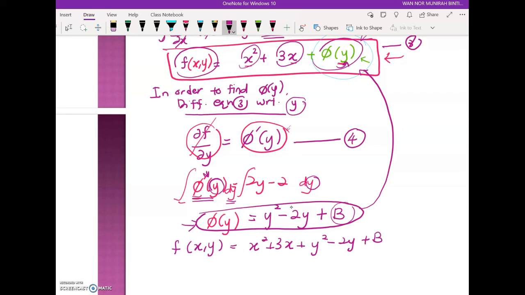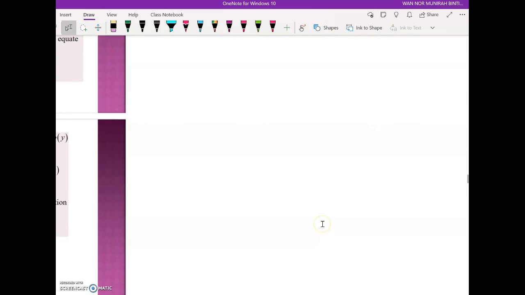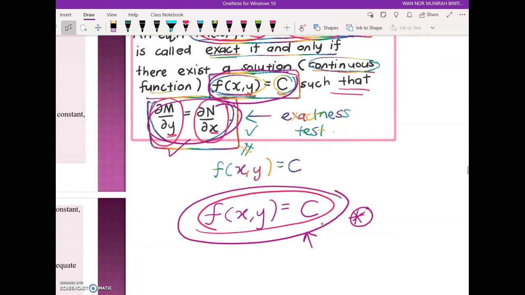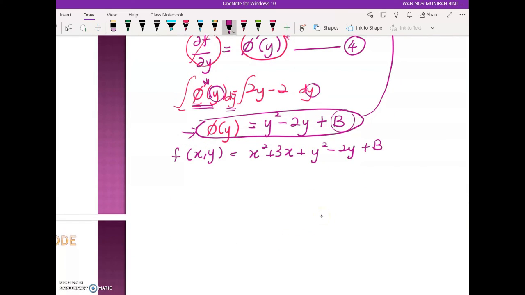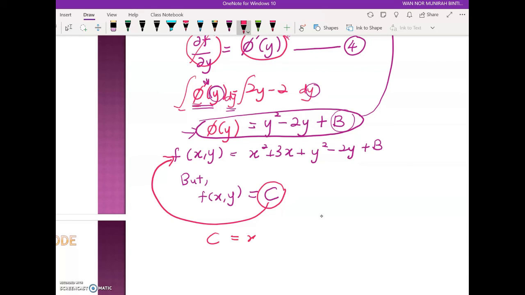But we are not finished yet. Why? Because just now we said that by definition, the solution is a continuous function equal to a constant, f(x, y) equals c, for example. Therefore c equals x squared plus 3x plus y squared minus 2y plus b.